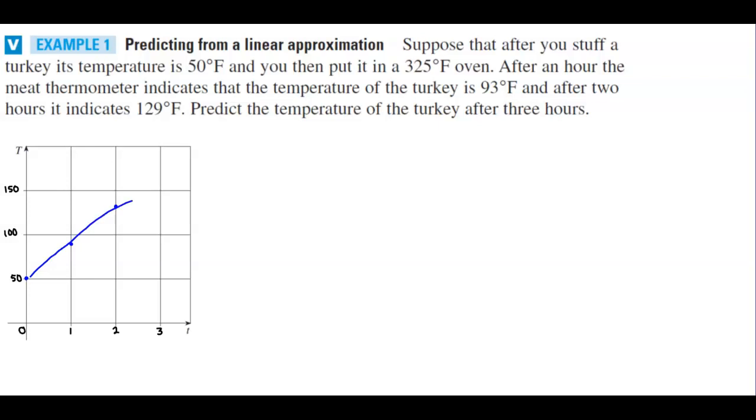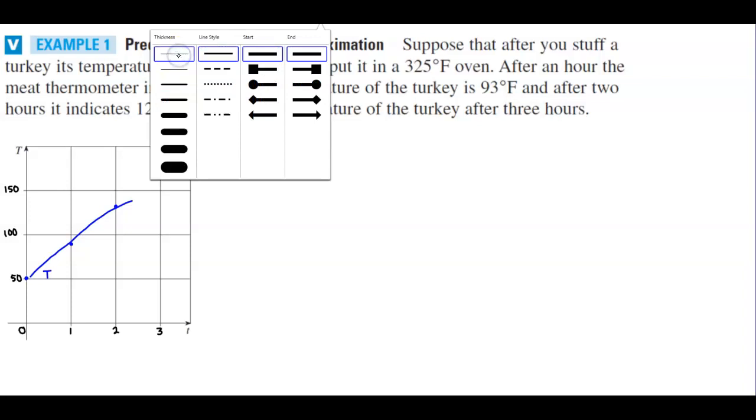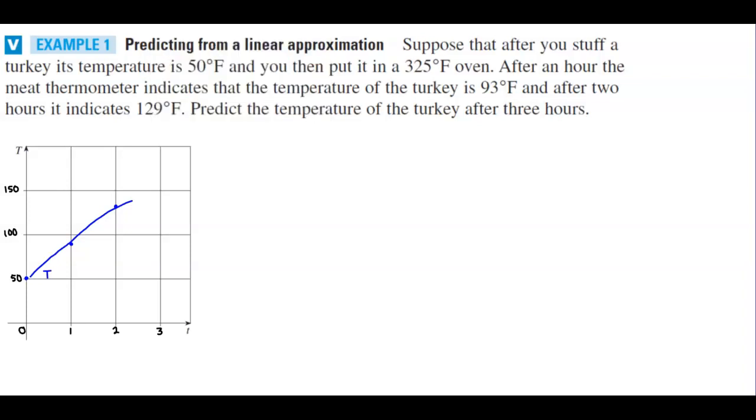And so this represents the function according to t. What we want to do is find the linearization of that function. So that means we want to find this L that represents those points. So that's where L is located.